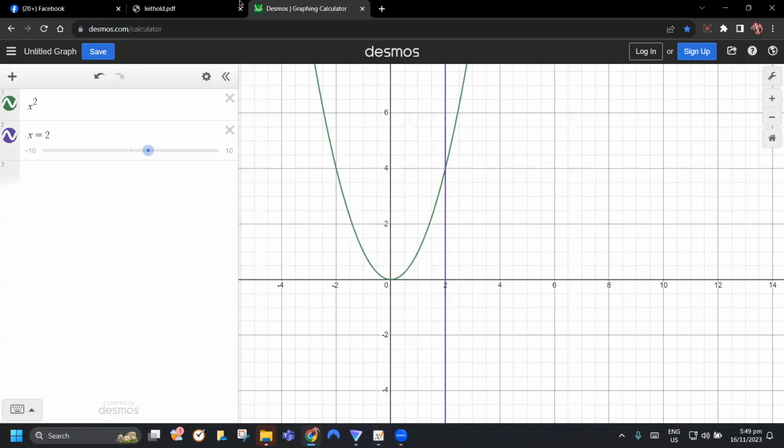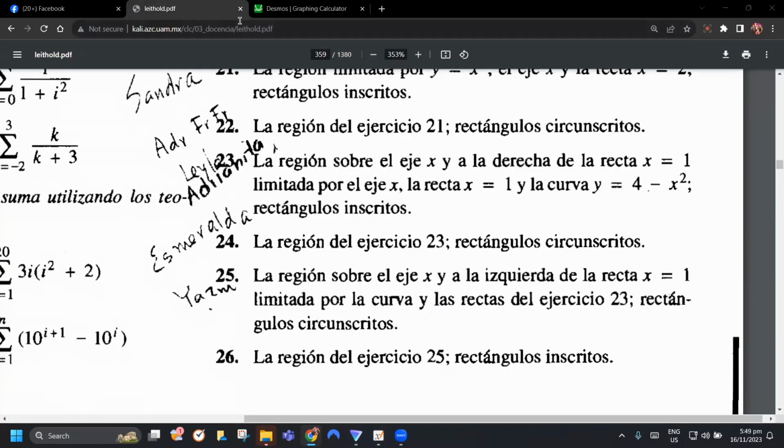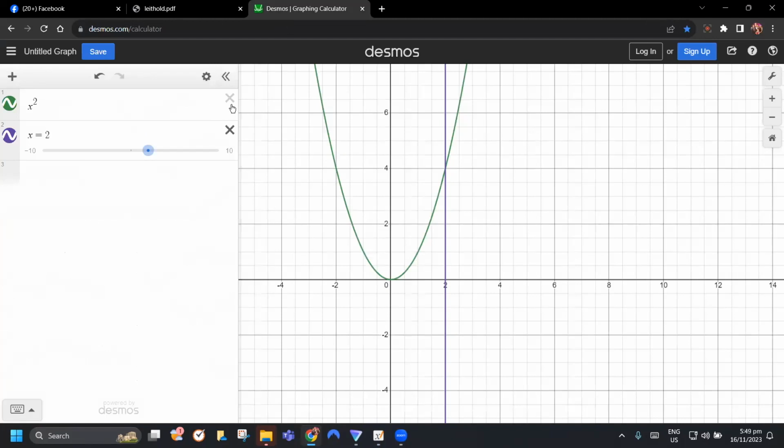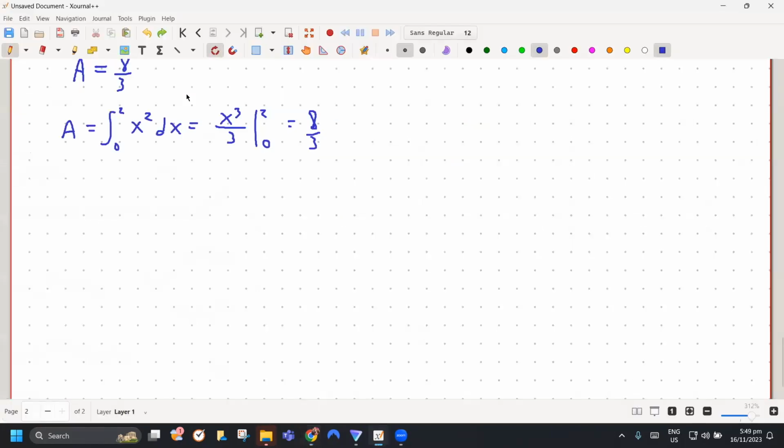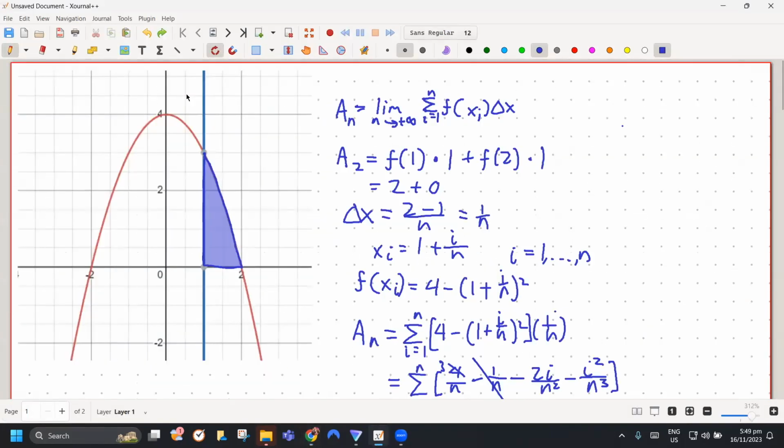So pareho lang sa kanina. Same function, pero instead of using inscribed, yung circumscribed rectangles natin gusto natin. Same graph.